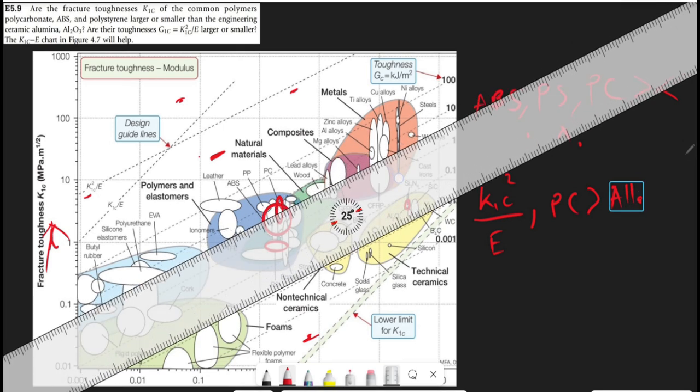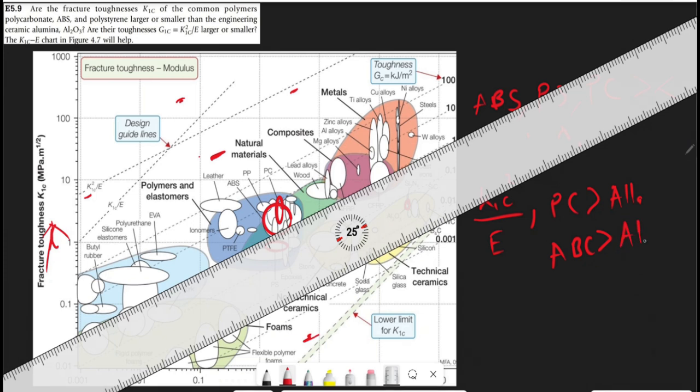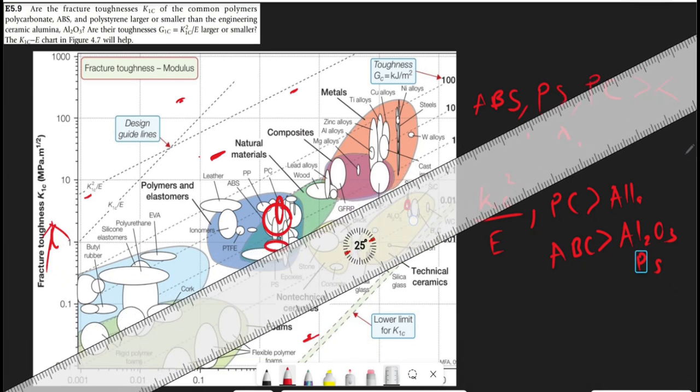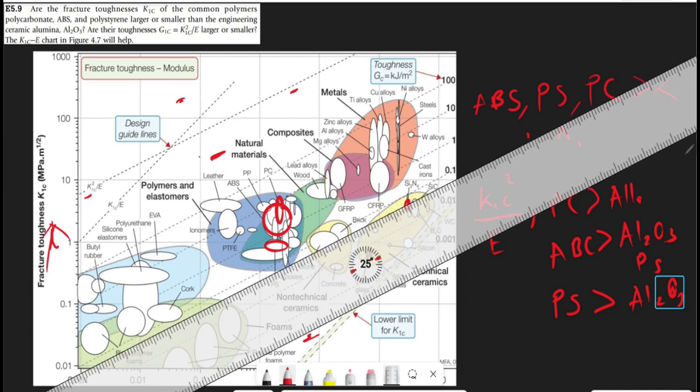Then you move further down and see that ABS has a greater value than both alumina, Al2O3, and polystyrene. Moving all the way down, you see that polystyrene has a greater K1C squared over E than alumina, Al2O3. And if you move down, you get towards alumina.